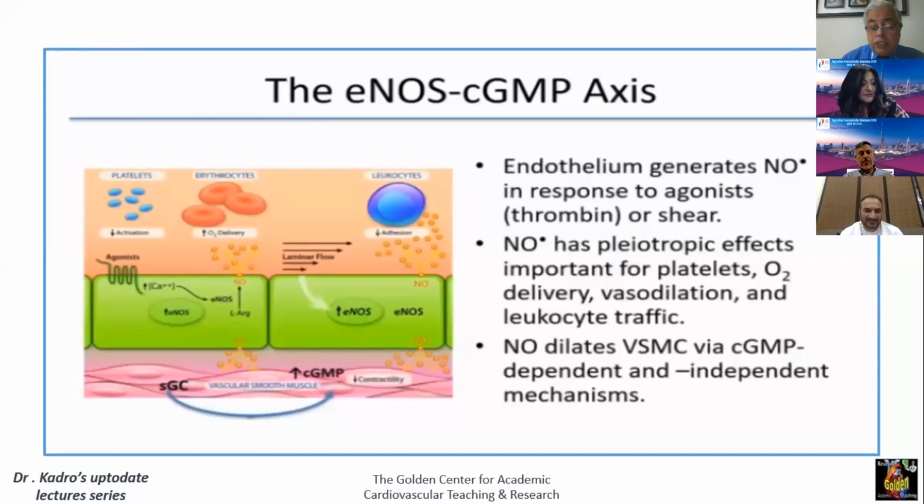After the production of nitric oxide, it has a lot of good effects: it promotes laminar flow, prevents adhesion of leukocytes, prevents activation of platelets, and works through cyclic GMP for production of the substance that causes smooth muscle relaxation.